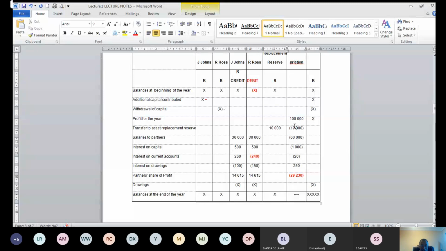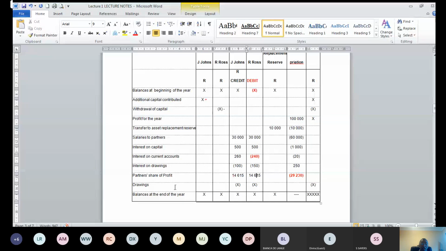There may be 10,000 Rand that must go to the asset replacement reserve, 60,000 Rand to salaries, 1,000 Rand to interest on capital, 20 Rand to interest on current account. 50 Rand will come in from the interest on the drawings. Use all of those figures and first calculate how much profit is available. Now we have seen that 29,230 is available, and then you divide that amount.